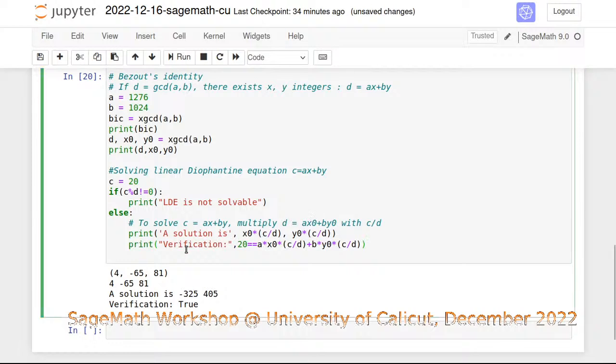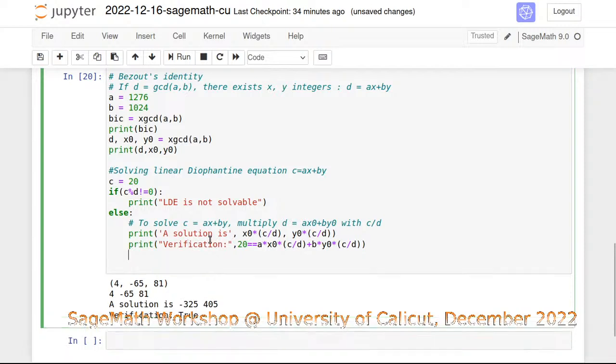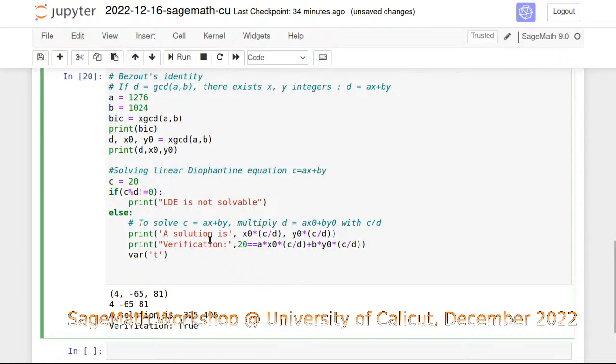These are the general solutions, and we can give the general solution also. But we need to define in that case one variable t.